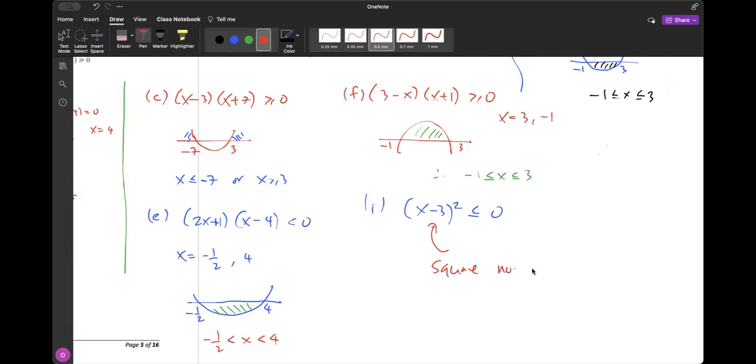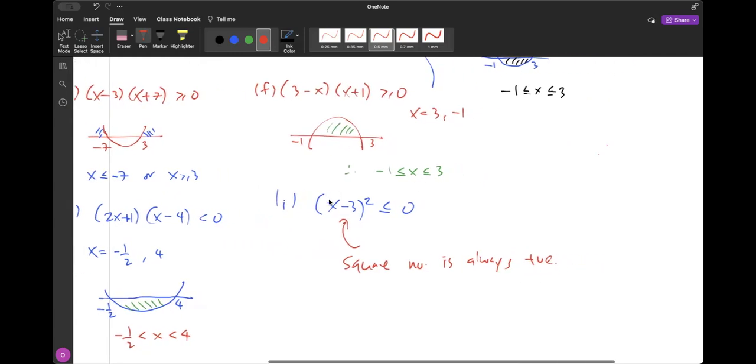Square number is always positive. So no matter what value that you put in, it is always more than 0. For example, if you put 0 inside, this value is 9.